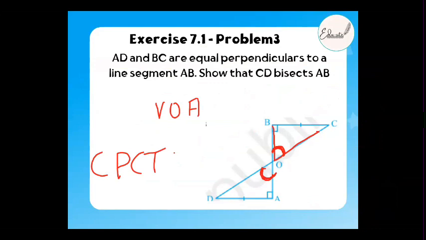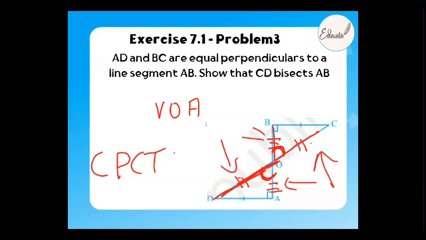Then what about sides, beta? Side DO is equal to side OC. Then what else sides are remaining? OA is equal to OB. When you have all these sides equal, then you can mention that CD bisects AB.